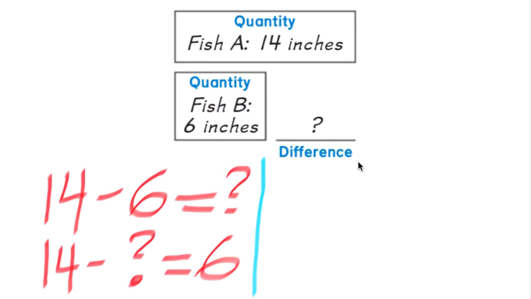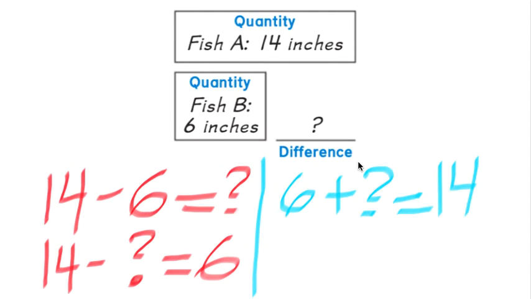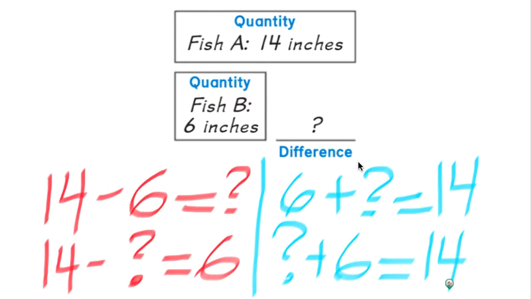Let's start with the quantity that I know, 6, plus my difference that I don't know equals 14. And then my second addition problem is going to start with my difference plus 6 equals 14. But in each of these problems, I have an amount I need to figure out.